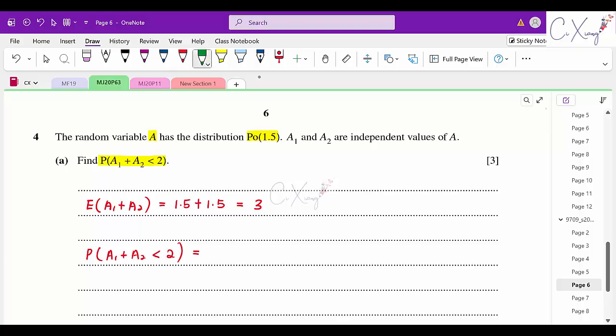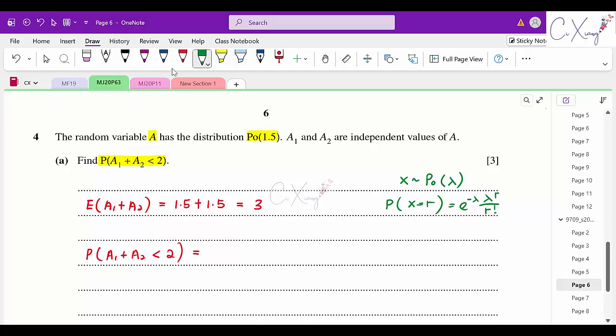Just to recall, if you have a Poisson distribution with mean lambda, how do you calculate the probability for x equals r? The general formula will be e to the negative lambda, lambda to the power r, divided by r factorial, where r can start from the value 0, 1, 2, 3, 4, 5 until infinity.